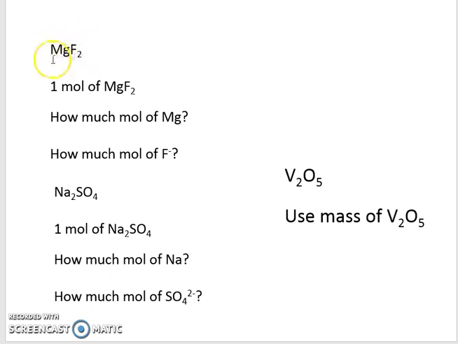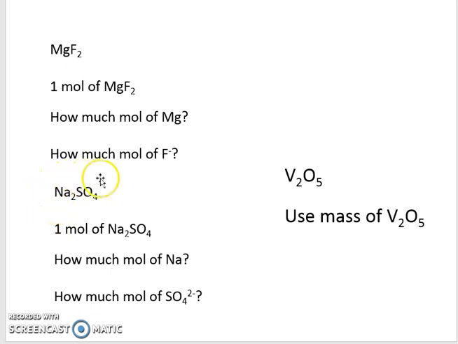But now, if this magnesium fluoride dissociates, you will find that 2 fluoride ions will form. So how many moles of fluoride do you have? You see there's a subscript 2, which means if you've got 1 mole of magnesium fluoride, you have 2 moles of fluoride ions. Let's look at sodium sulfate.